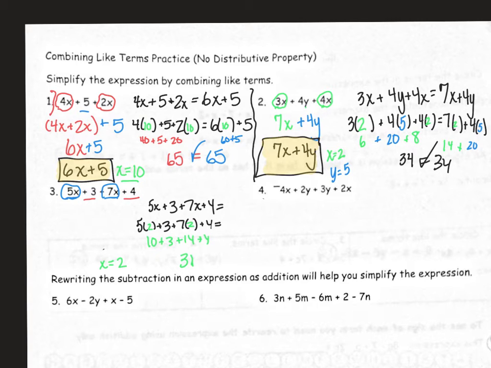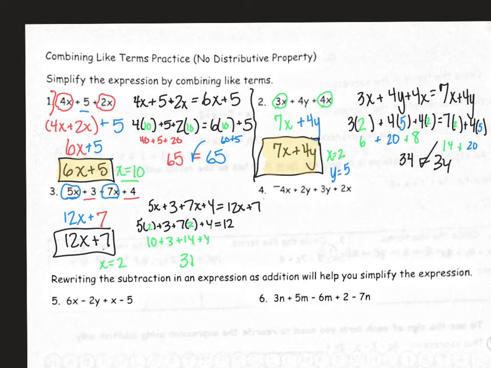5x's plus 7x's isn't 35, it's 12x, because I add them. Plus 3 plus 4 isn't 12, it's 7, because I should be adding. So it's really probably 12x plus 7. So let's check that solution. 12x plus 7.